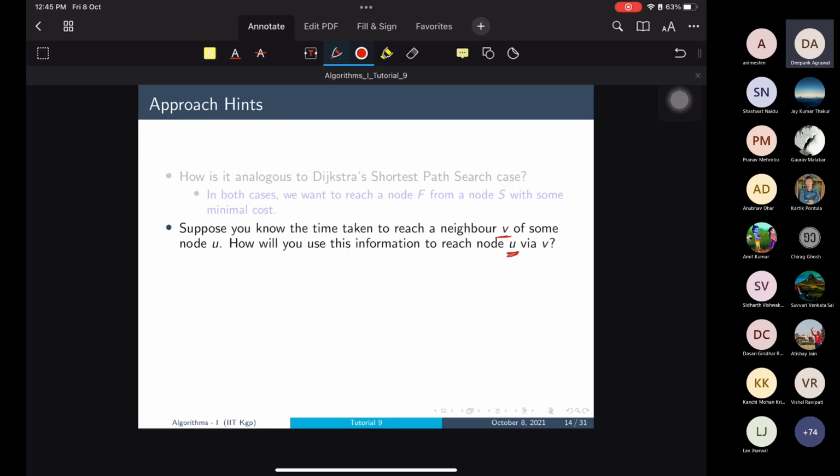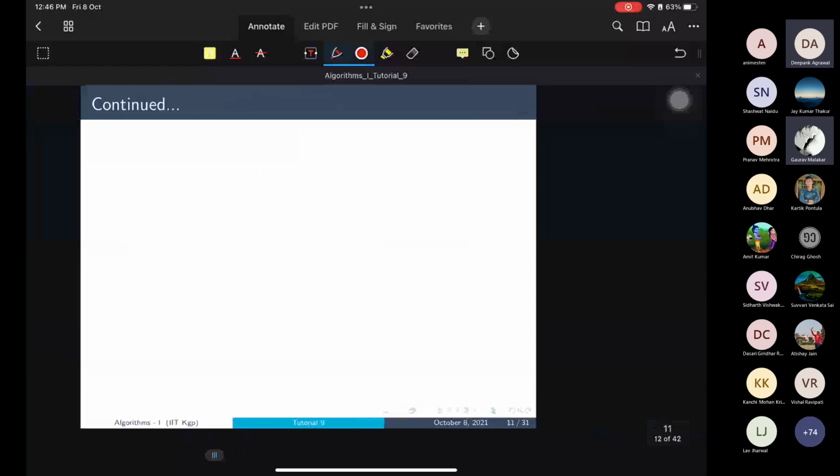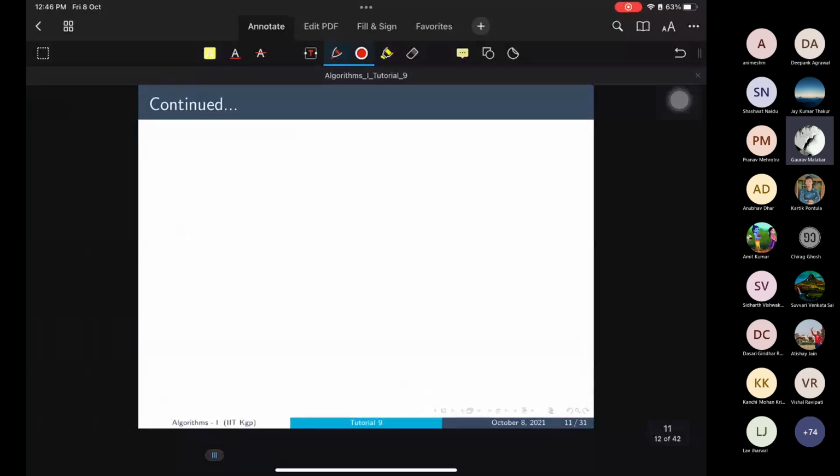Like, can you calculate the time it will take if you move from V to U? Elevation of U minus elevation of V plus time required to reach V. Come again? Time required to reach V plus elevation of U minus elevation of V.